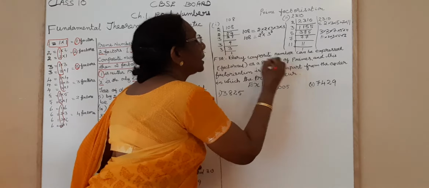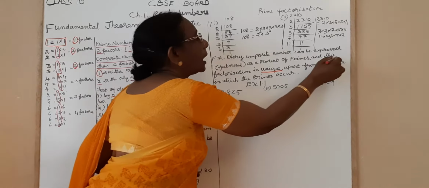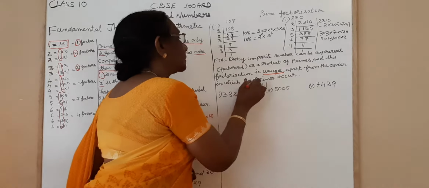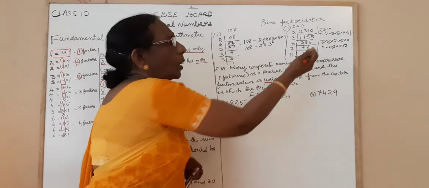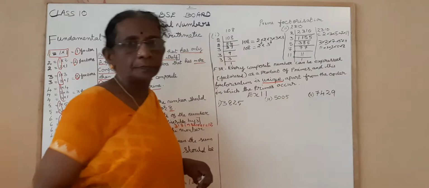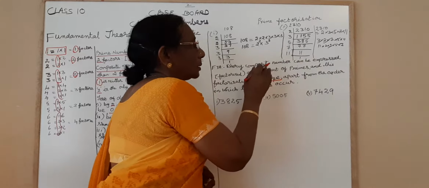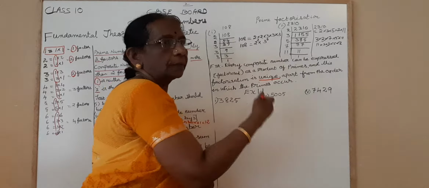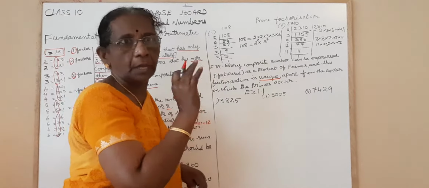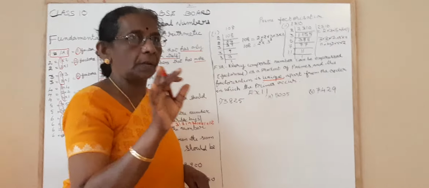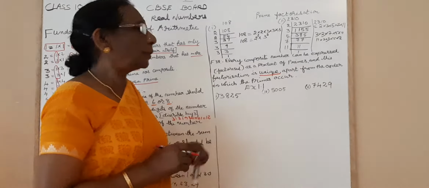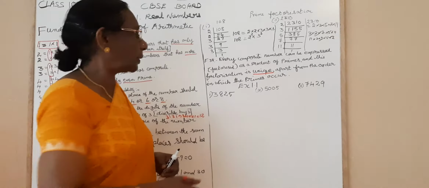So this is unique, apart from the order in which the primes occur. The order can be changed, but the prime factors will be unique. You won't get any other prime number as the factor of a particular composite number. Have you understood?